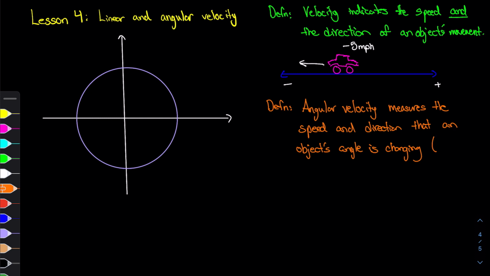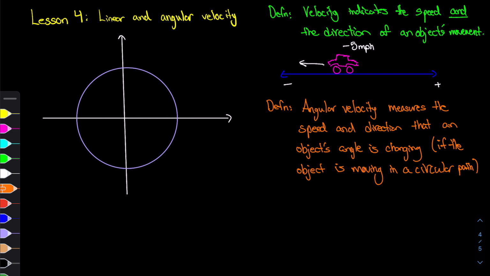That's the supposition we're going to make: the object is moving in a circular path. Now, you can have angular velocity and not be moving in a circular path, but because this section studies circles and their applications, we are going to stick with the idea that we have a car that's moving in a circular path.